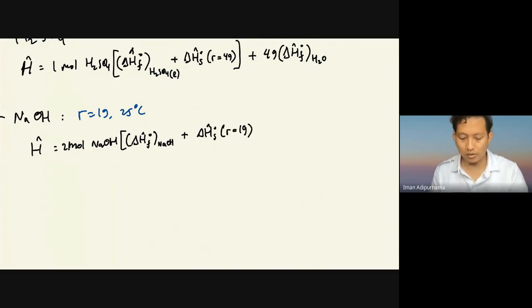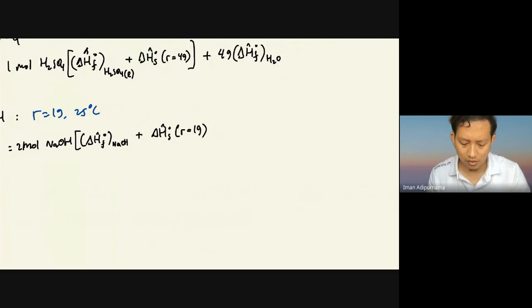You can look at table B11. Check R equal 19. And then plus 38 for the water.